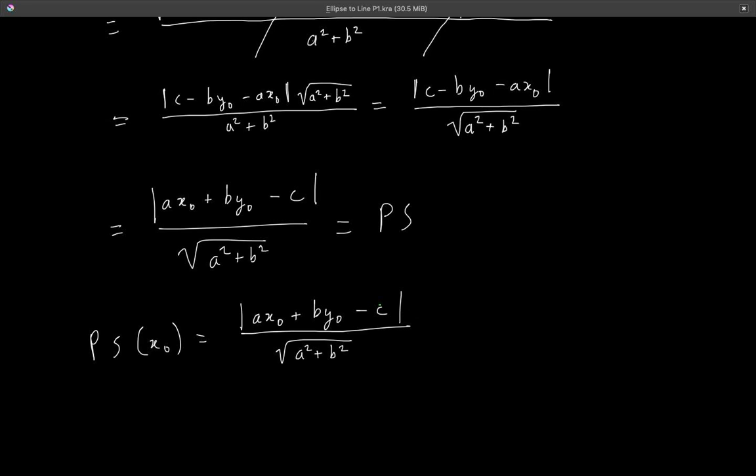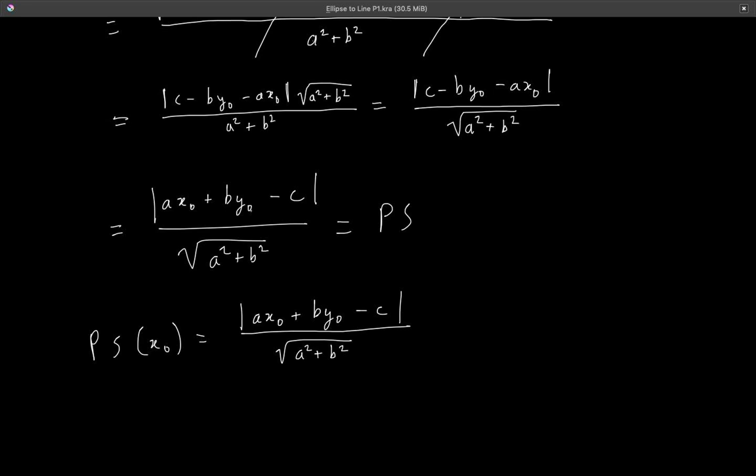So what we're doing by writing this as a function of x0 is letting x0 run across the domain of f. In order to find the particular x0, in other words the particular point P, such that this function is minimized, we're going to differentiate this entire thing with respect to x0.